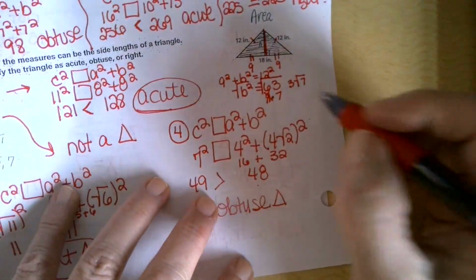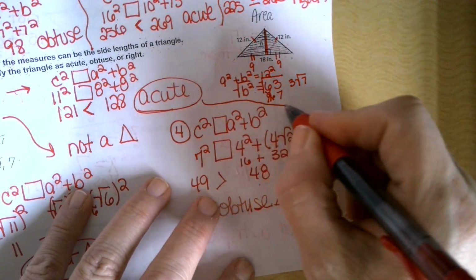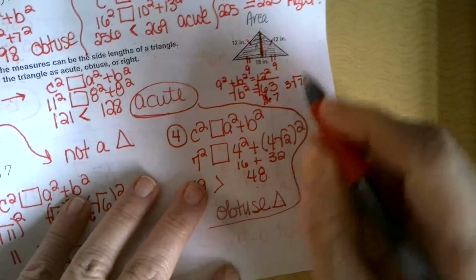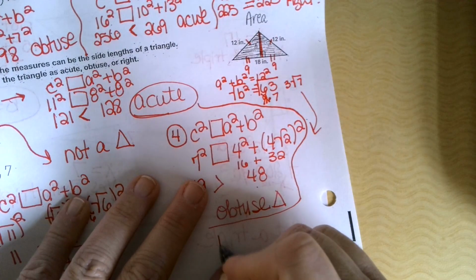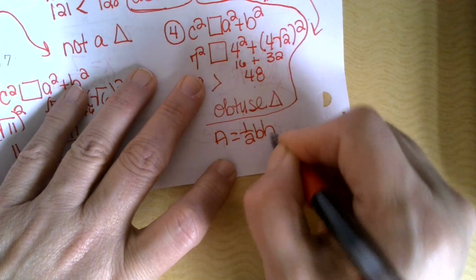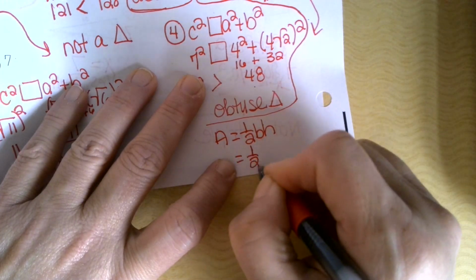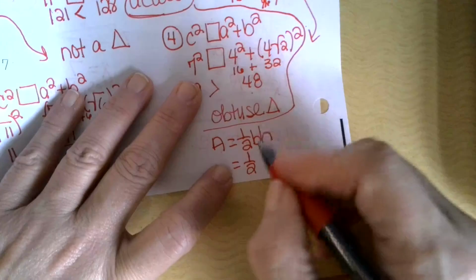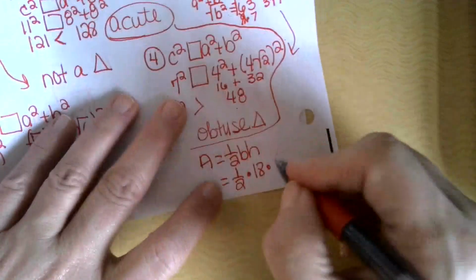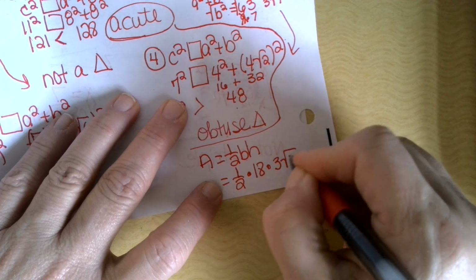Okay, I am going to come down here to the bottom. All right, area equals 1/2 base times height. My base is 18. 1/2 times 18. My height is 3 square root of 7.